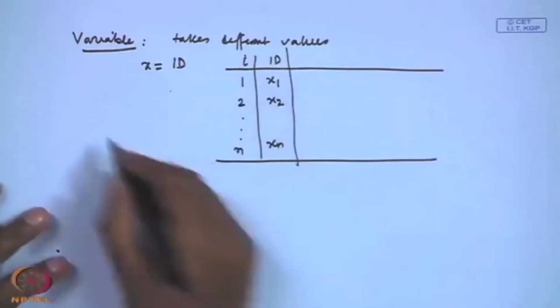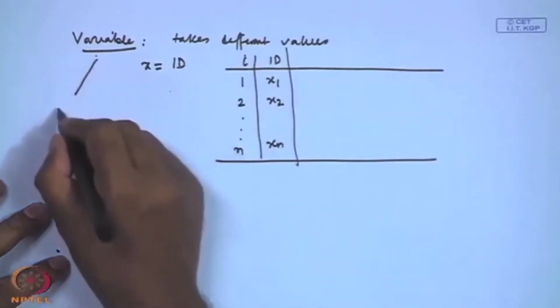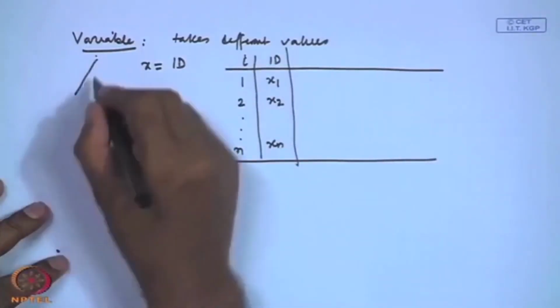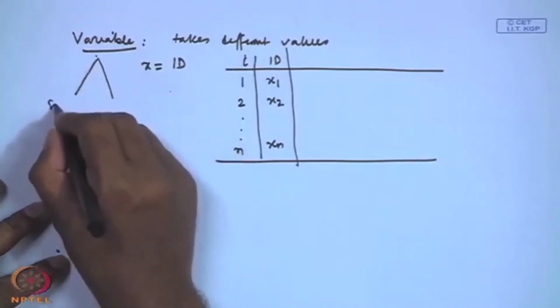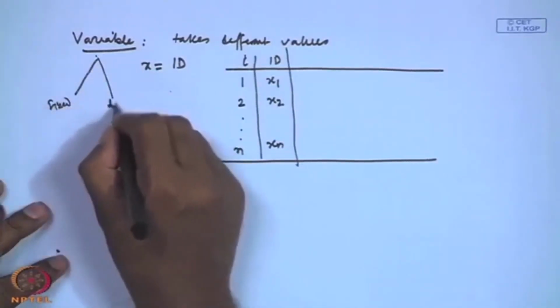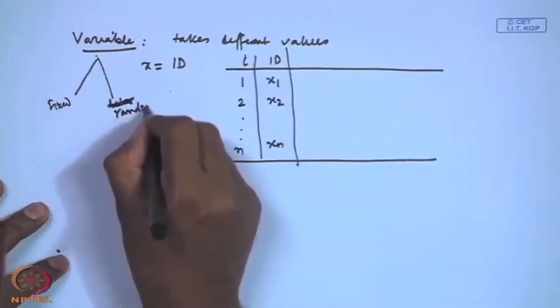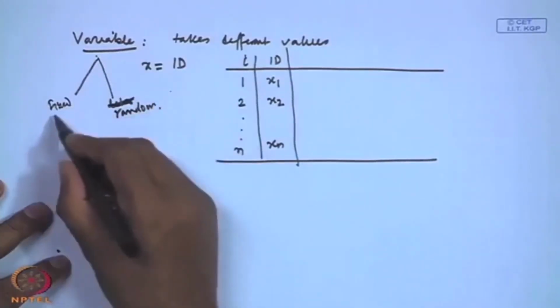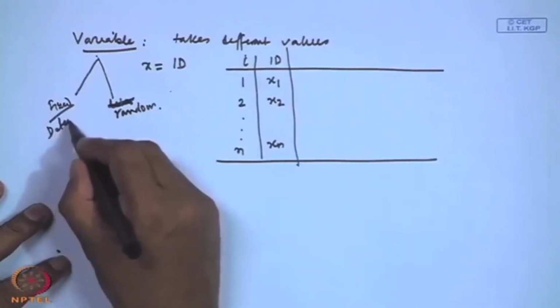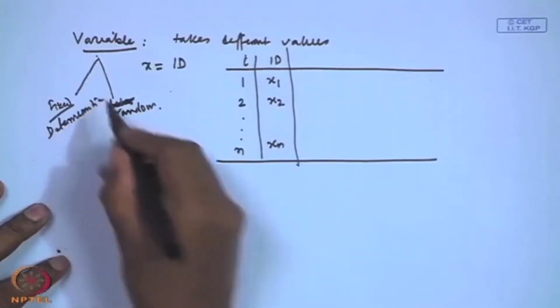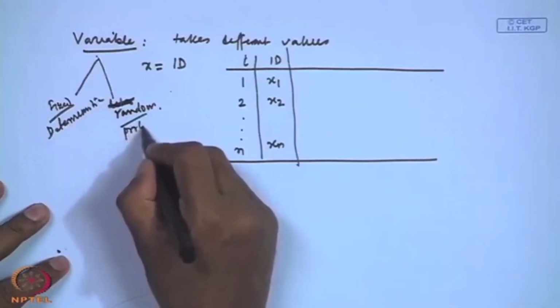Now, in statistics we basically talk about two types of variable. One is fixed variable, another one is random variable. Fixed, in other words deterministic, and random, we can say probabilistic.